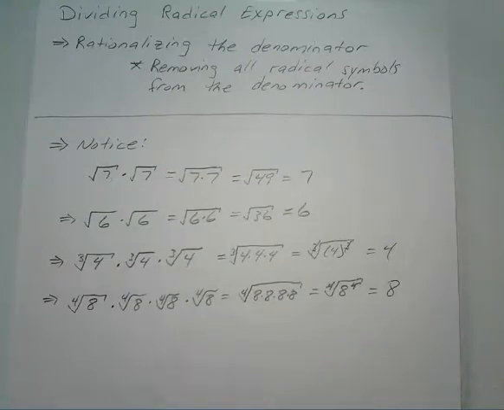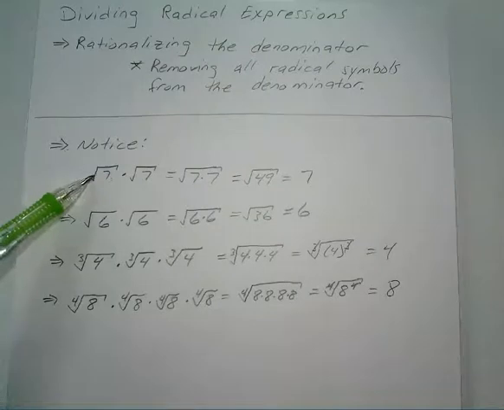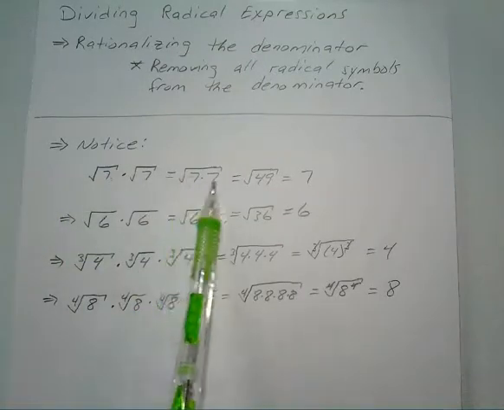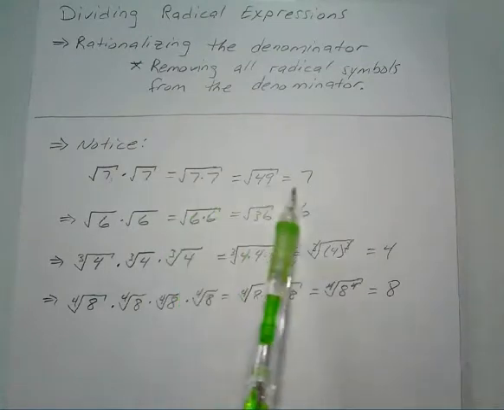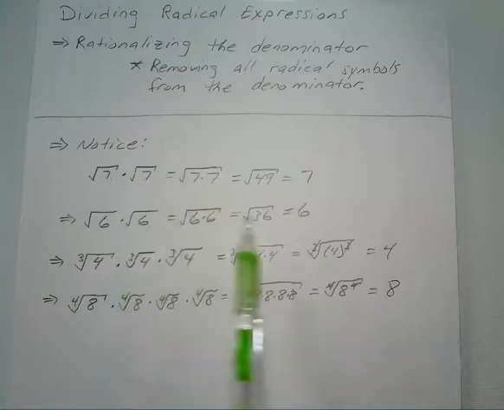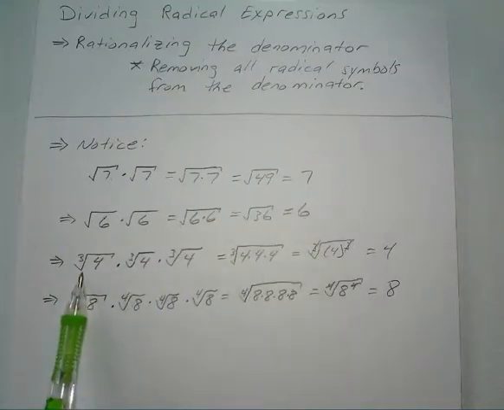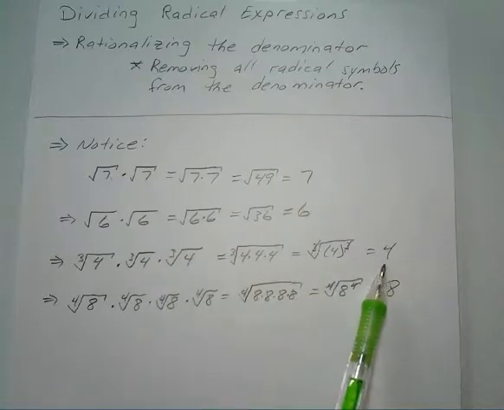Okay, hopefully you're noticing the pattern, because if you notice here, square root, remember, that's when there's no index there, that's assumed to be a 2. So that means it would take two values of 7 multiplied, 7 times 7, to cancel out and equal 7. Same thing here. 6 times 6 will cancel out and give you 6. Same thing here. 4 times 4 times 4 will cancel out with the index and leave you with 4.